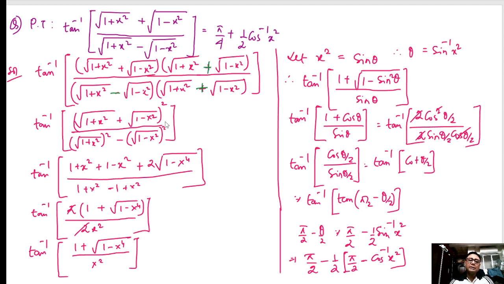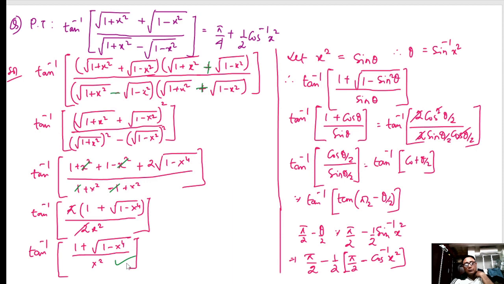So up is the square and down is a plus b into a minus b, which is a square minus b square. So applying a plus b whole square, we are getting this, and now a square minus b square, so root and square cut, this and this cut, so from here minus 1 and this will cut, so we are getting 2 plus 2 root over this by 2x square, 2 common, so we are getting this.